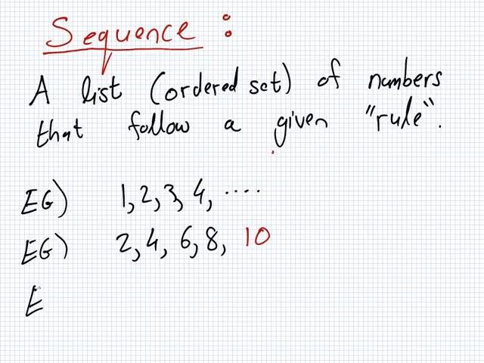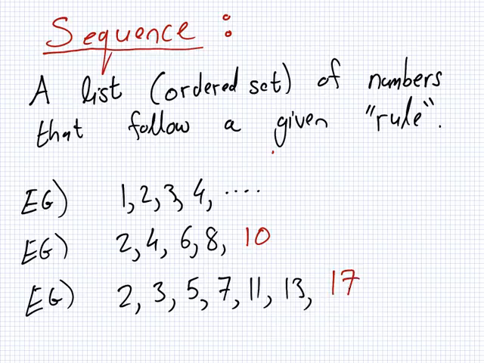Right, let's see how good you are at spotting patterns. 2, 3, 5, 7, 11, 13, 17 would be next. What is the name of these numbers? These ones will be prime numbers. These ones? Even numbers. And these ones? Natural numbers. Okay.